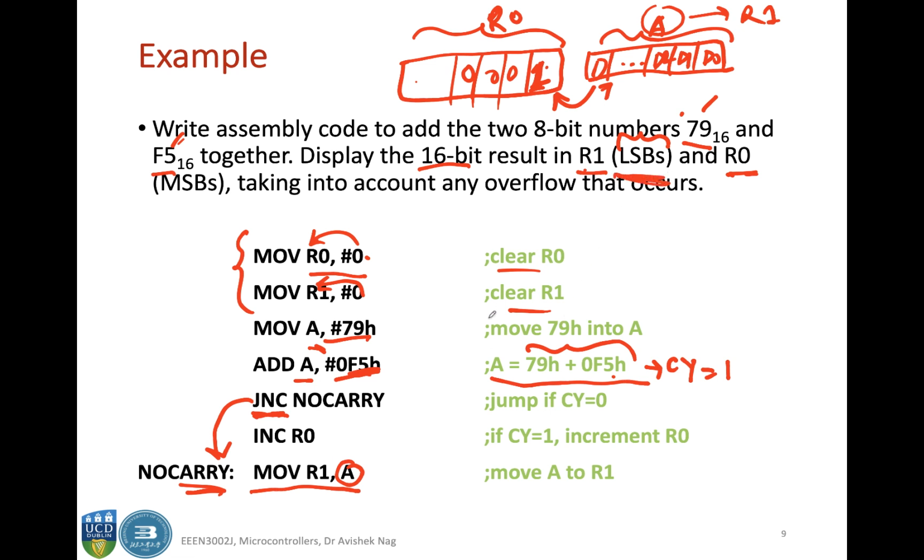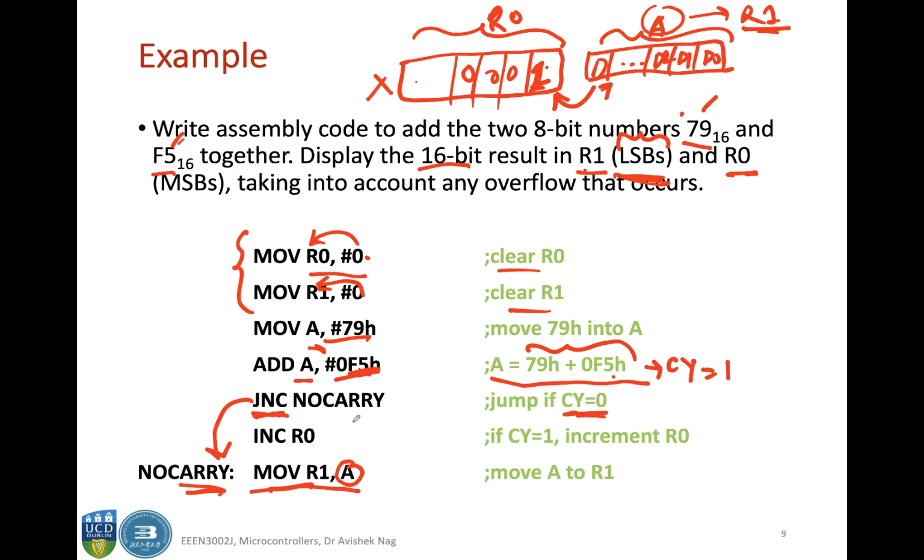So if there were no carry, then we have only the LSBs, and we don't have anything in this register. If there were no carry, only the contents of the accumulator are moved to R1. So that is happening here.